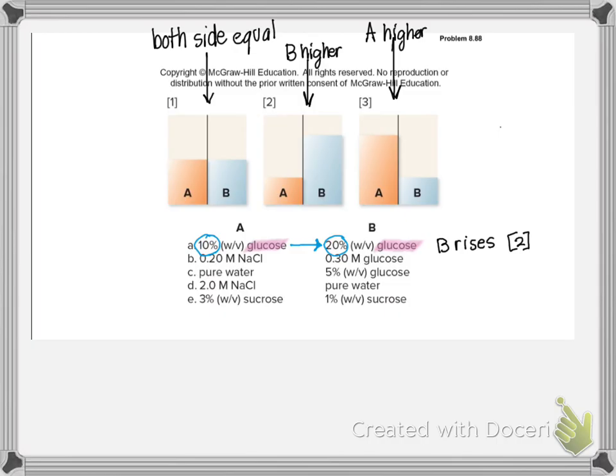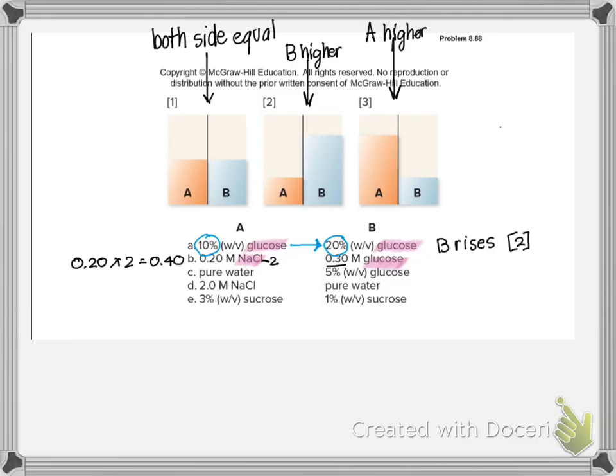Okay, then I look at the next one. We have glucose and we have NaCl. Glucose we know only has one particle, so its concentration is going to be 0.3, but the sodium chloride is going to have 2 particles. So it would be 0.20 times 2, which is 0.40.